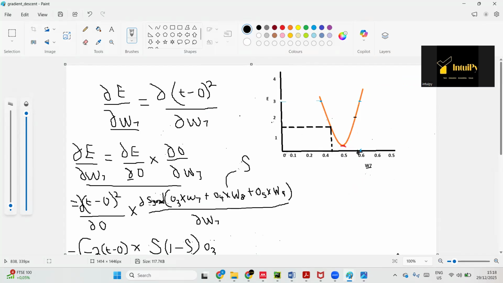On the x-axis, you can see it says W7, and on the y-axis, it says error. Let's imagine this is our error function, and that at this time our W7 sits here. Let's imagine this is 0.45.